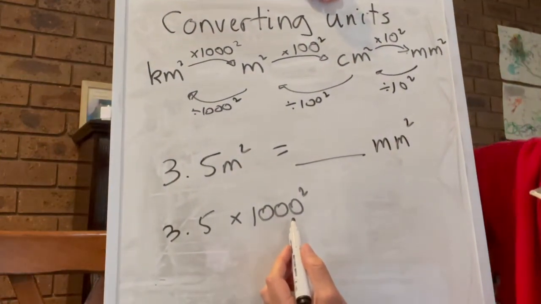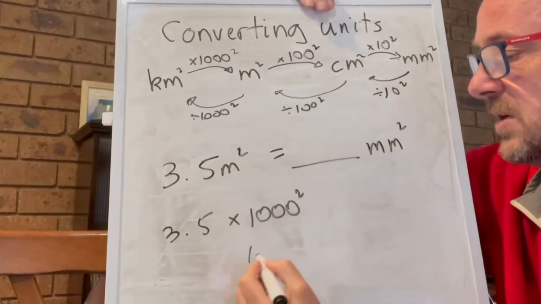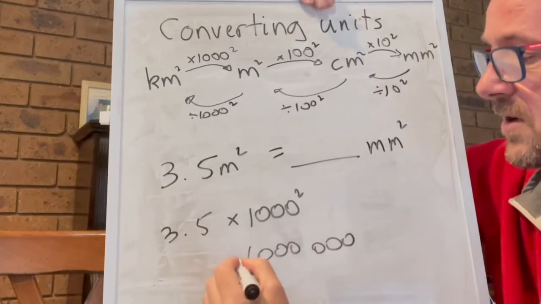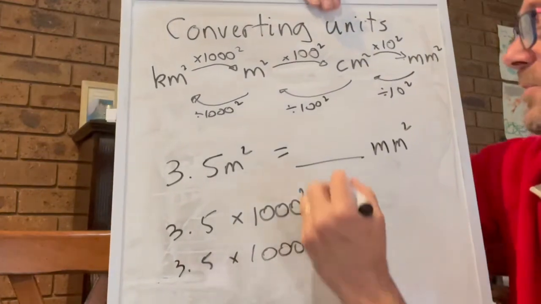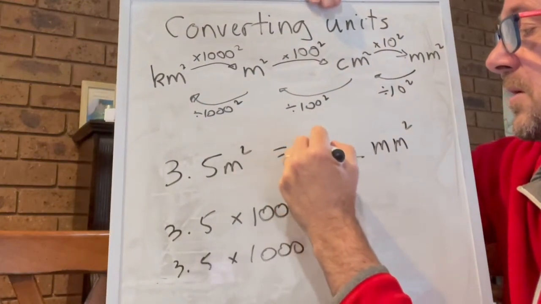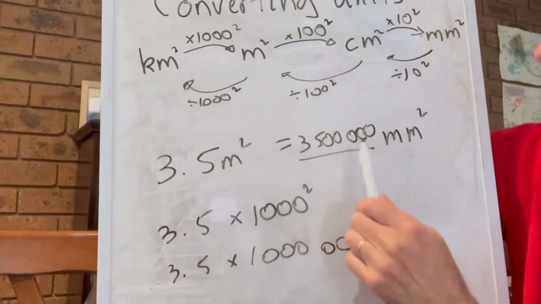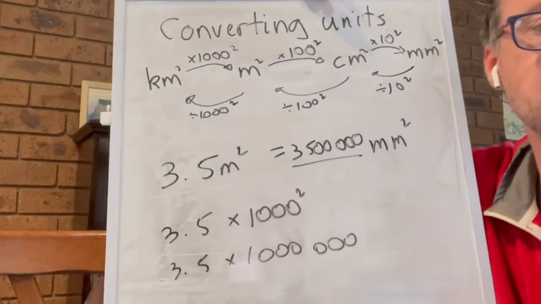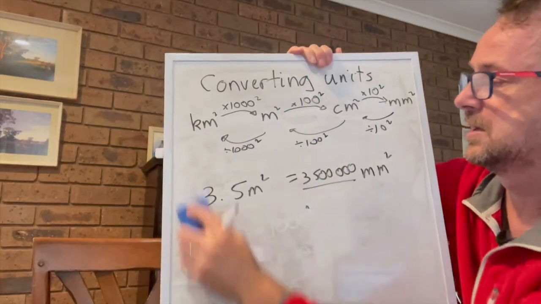So that's going to give us now 1,000 squared is 1,000 times 1,000, so that's 1,000,000. So 3.5 times 1,000,000, that's going to give us 3.5 million. And always remember, when you're writing down your numbers, you should be grouping them in lots of 3 to show the place value.